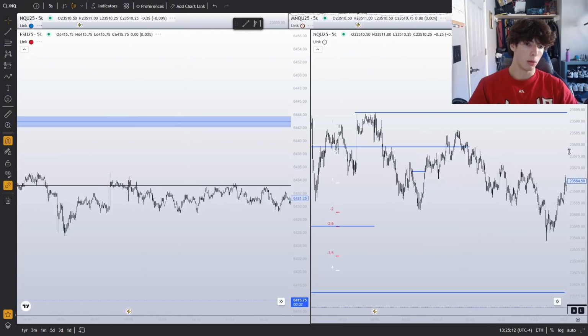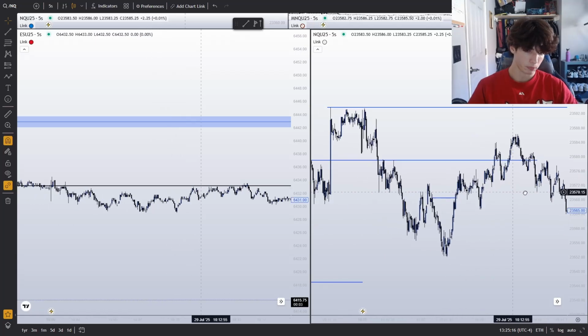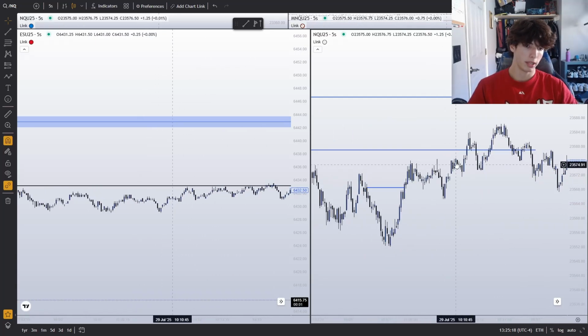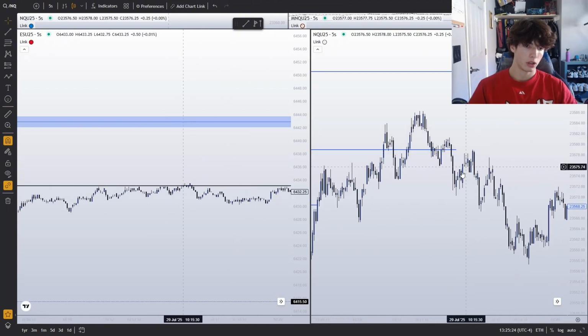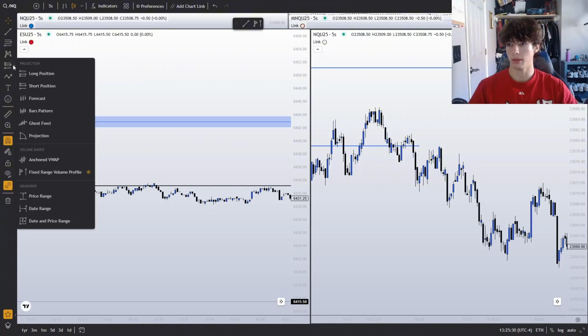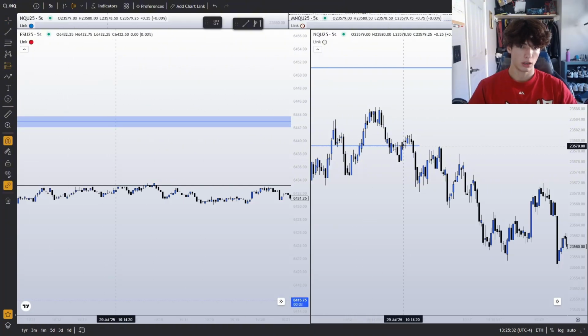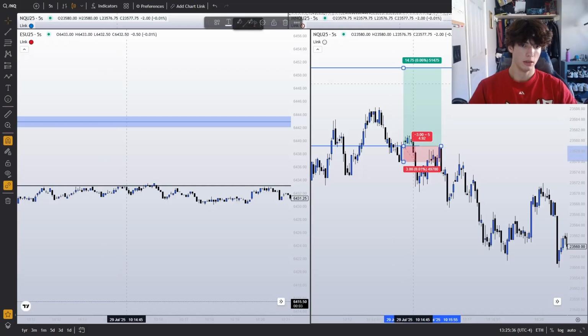So there were a couple of plays you could have taken here, but the only one that I took was the one that got stopped, right? So look, this ended up playing out, but there's really no entry here, really no entry here either, really no entry here either. And the one that I ended up taking was, I believe, this right here. This was my trade that I ended up taking right here, placing this, and looking for this high and then this high.